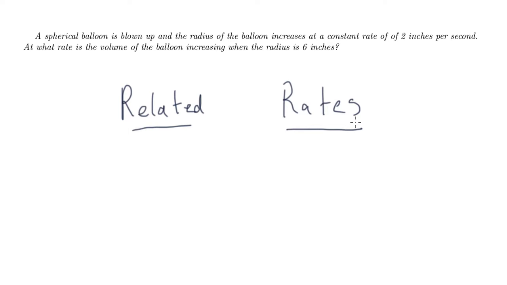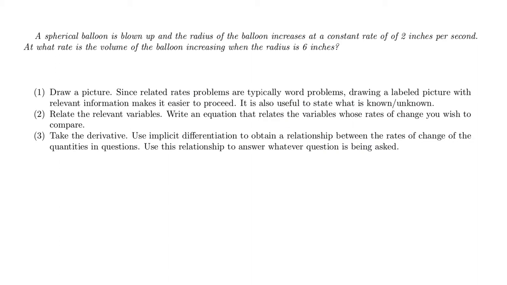So let's see the strategy for solving a related rates problem, like the one we have here. I tried to boil it down into 3 steps. And now this is not a catch-all. There's always variations to this sort of bullet point methodology of solving problems.